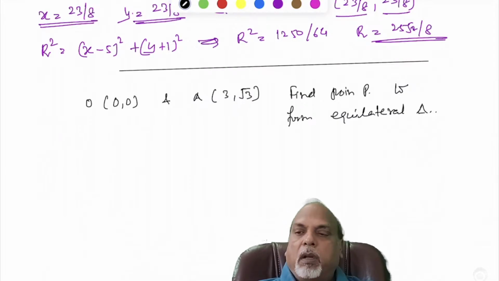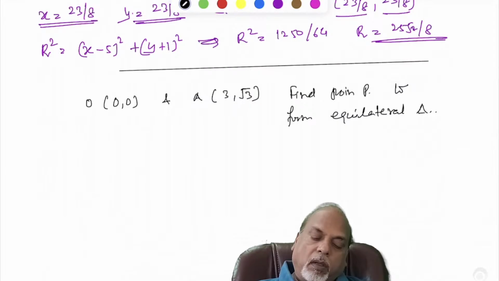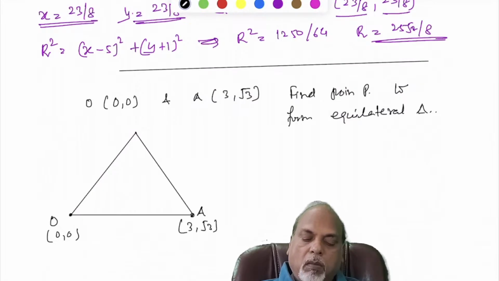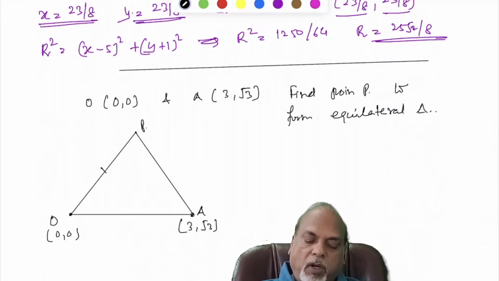So let us see, we have 2 points. This is your O and this is your 3, root 3. We have to find a point P such that this is an equilateral triangle.